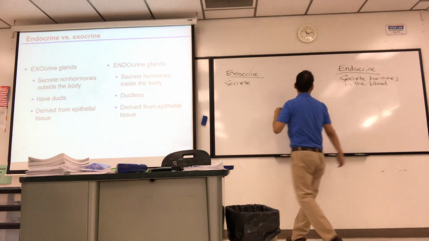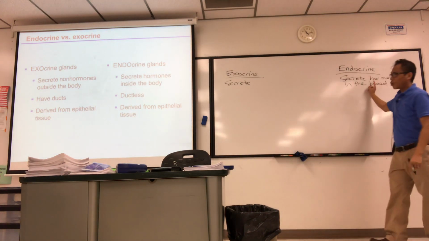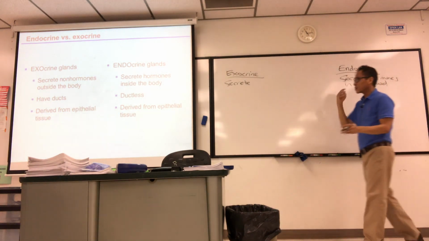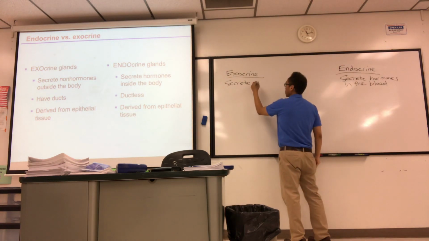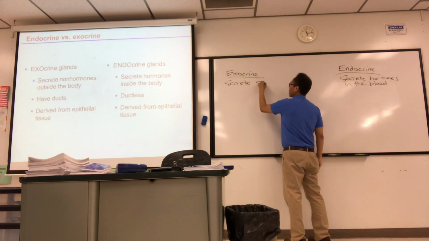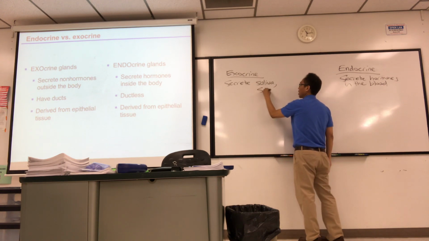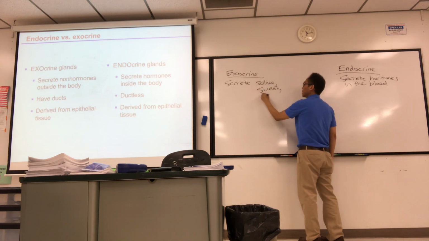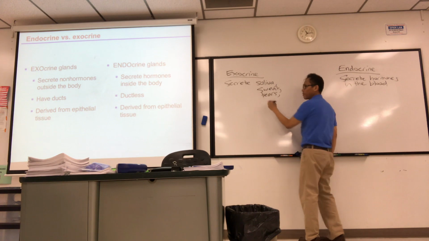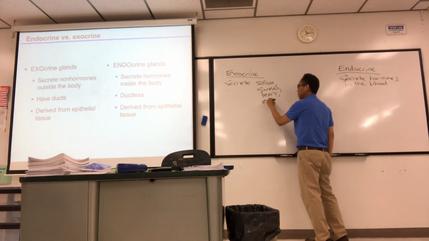And it's usually not, well, it's always not a hormone. It's always something else. So I call it non-hormones. It could be saliva, could be sweat, tears, most often in digestion is enzymes.